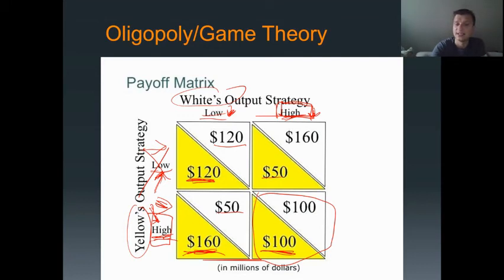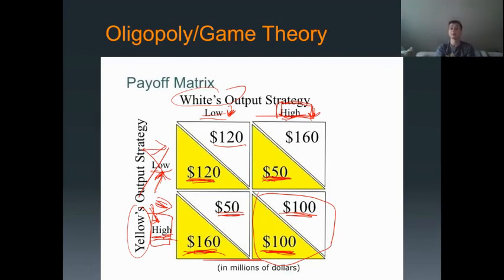And the way you analyze the payoff square is essentially, are they better off switching? So is yellow better off switching when it makes $100 choosing high? Well, if it switched, it would make 50. So no, it's not better off switching. Is white better off switching? Well, if it sticks with high, it gets 100. If it switches, it gets 50.